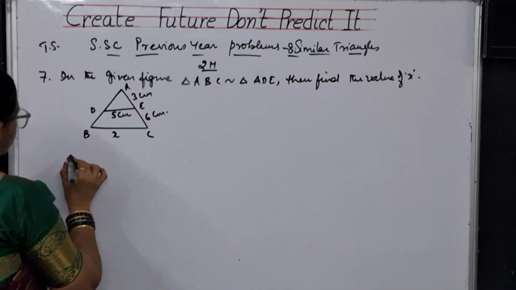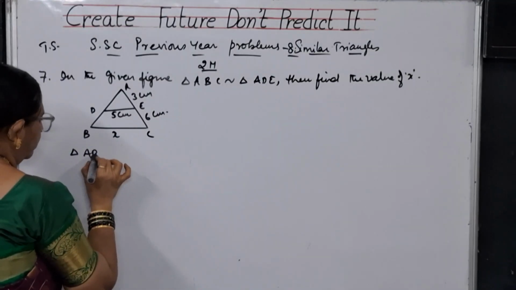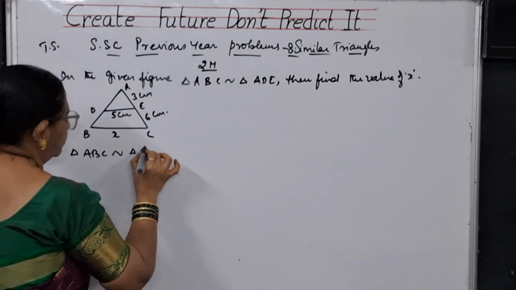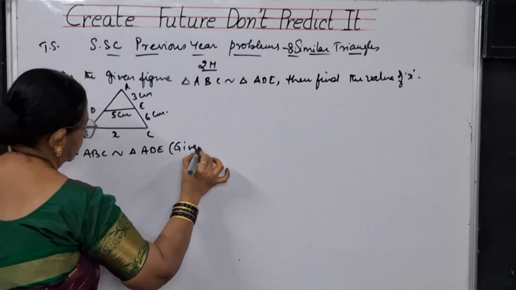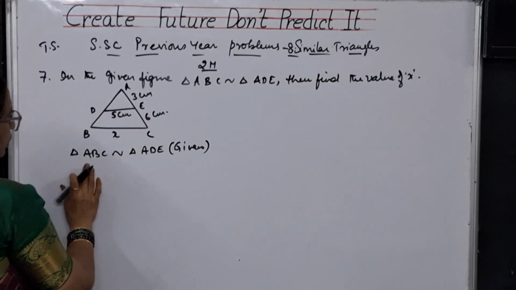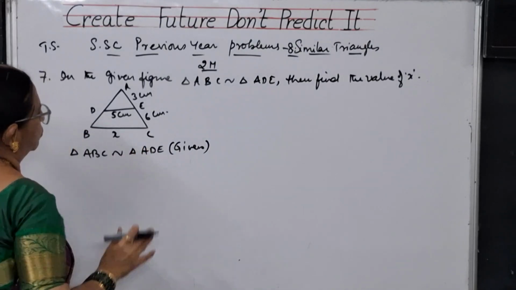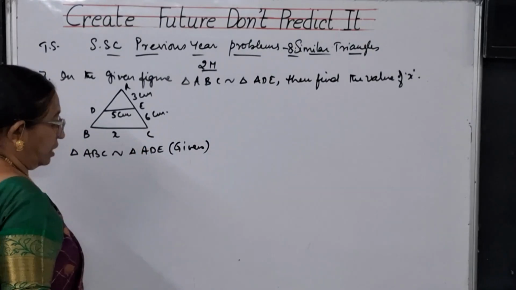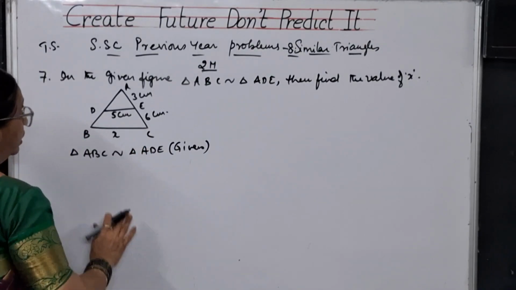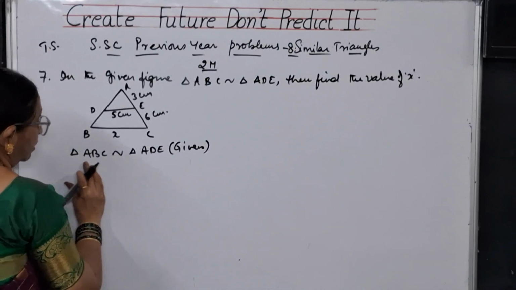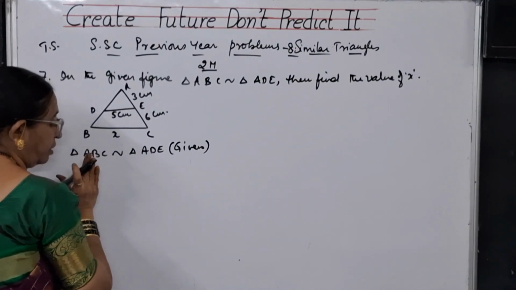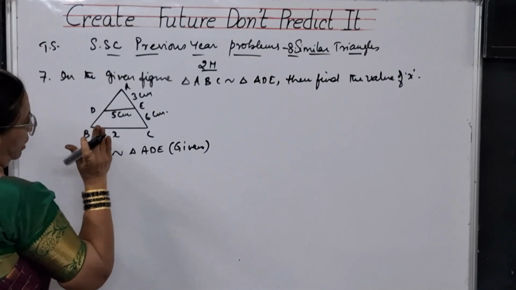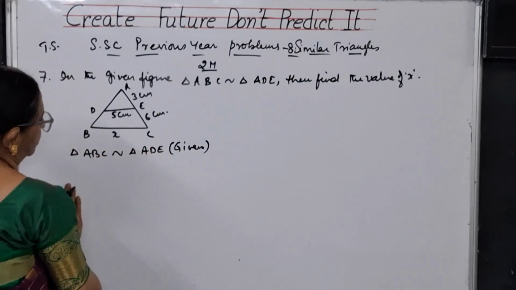Now, what is given? Triangle ABC is similar to triangle ADE. When two triangles are similar, their corresponding sides are proportional. Since they started with the triangle ABC, in the numerator you take triangle ABC side, in the denominator triangle ADE side.